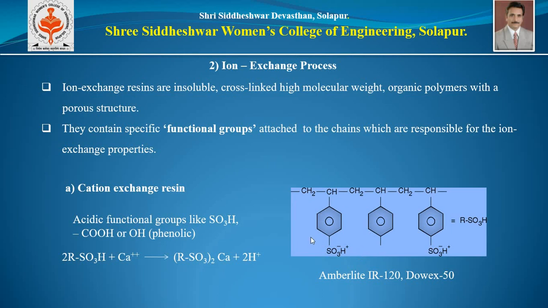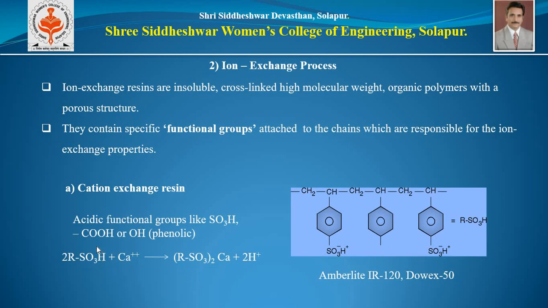Here we have shown one commercial example, Amberlite IR120 or Dowex 50 cation exchange resin. It contains the sulfonic acid functional group, and in short we can represent this cation exchange resin as RSO3H. Apart from this acidic functional group, the remaining structure is shown by R.